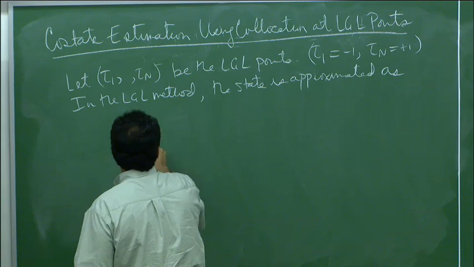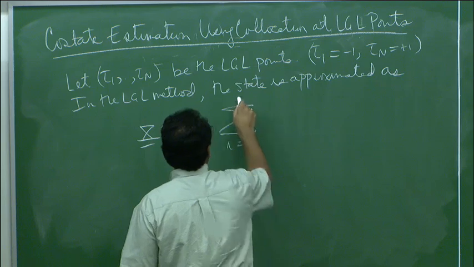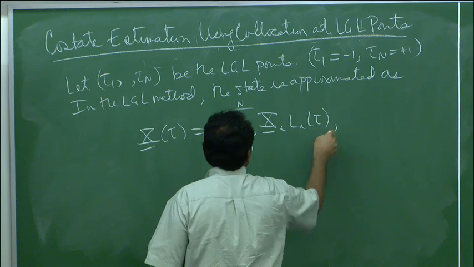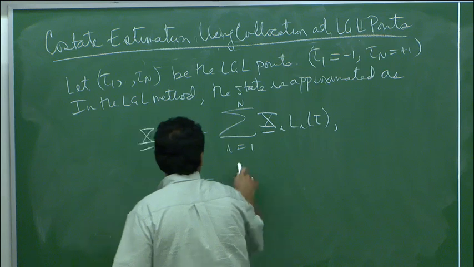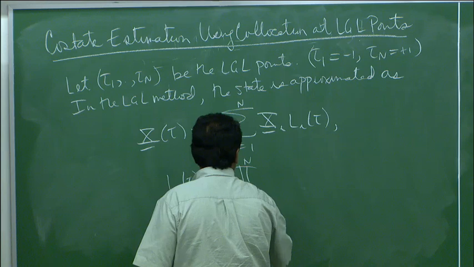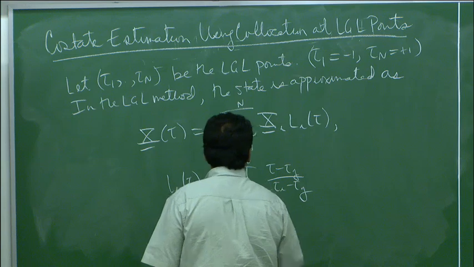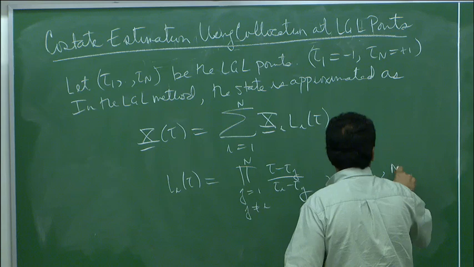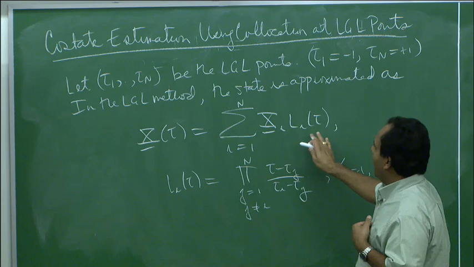We've got x of tau is equal to the sum from i equals 1 to n of x_i l_i of tau, where in this case the Lagrange polynomials are equal to the product j equals 1 up to n, j not equal to i, of tau minus tau j all divided by tau i minus tau j. And this is for i going from 1 up to n. Now remember that this is a polynomial of degree n minus 1.